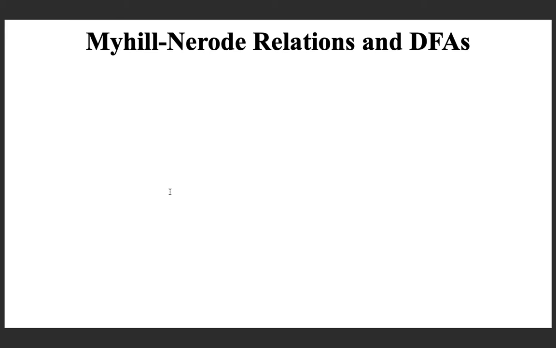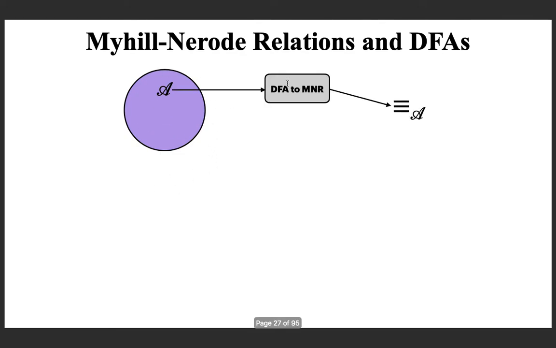Now, the relationship between Myhill-Nerode relations and DFAs. In the last class, we have seen algorithms for generating a DFA from an MN relation and also an algorithm for generating an MN relation from a DFA. If you start with a deterministic finite state automaton, there exists a construction from DFA to MN relation, which will give you an MN relation.